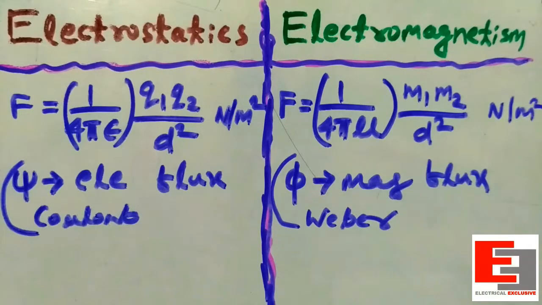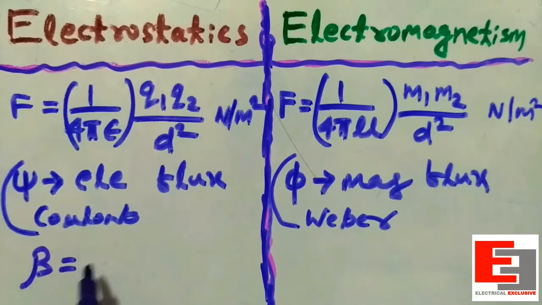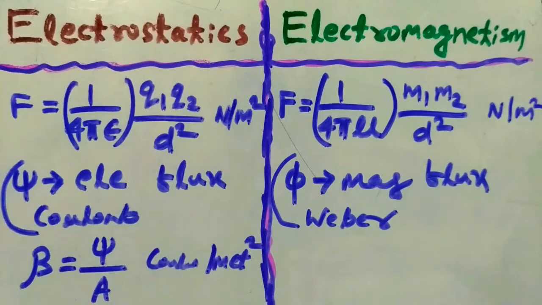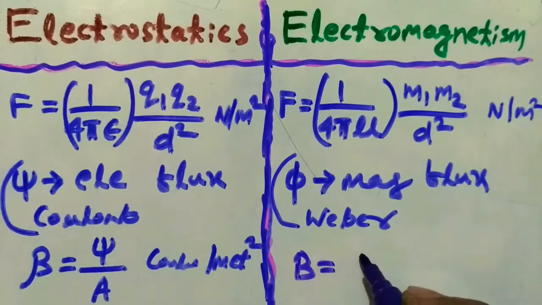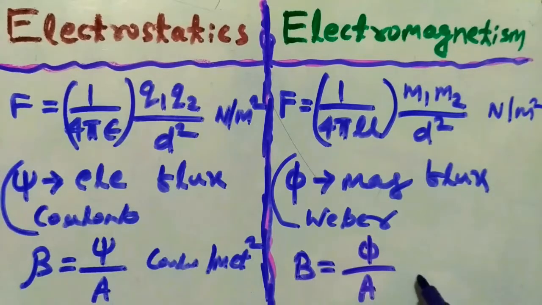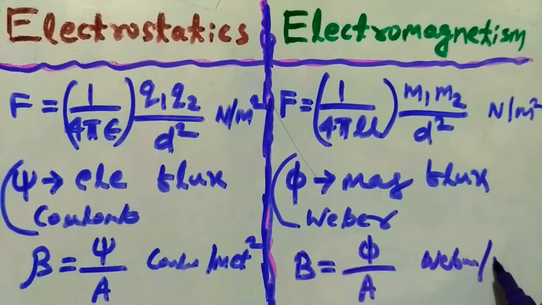The electric flux density, that is D, is equal to electric flux per area, whose unit is coulomb per meter square. Likewise, the magnetic flux density B is equal to the magnetic flux, that is phi, per area, and the unit is Weber per meter square.